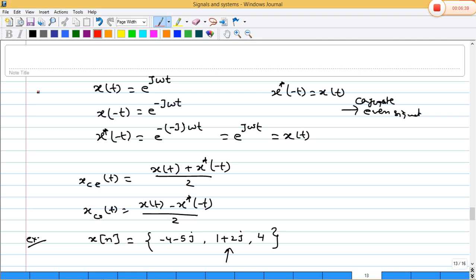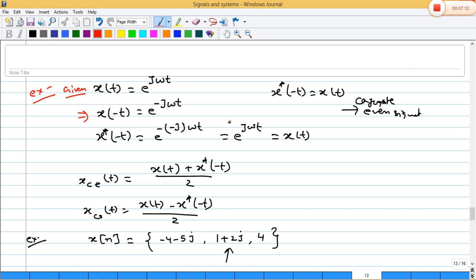Just take one example. Given x(t) equals e to the power j omega t, what will be the value of x(-t)? e to the power minus j omega t, because t is replaced by -t. The conjugate of x(-t) is e to the power minus of minus j omega t, because for the conjugate j is replaced by minus j, and it will be x(t) equal to x(t).